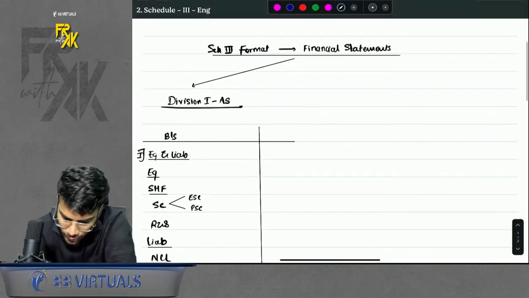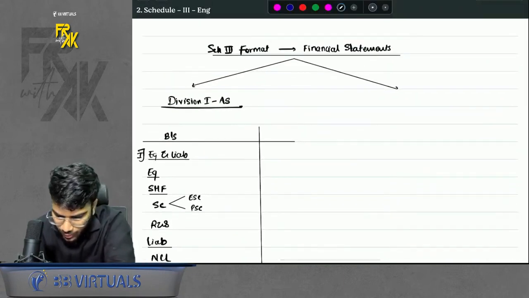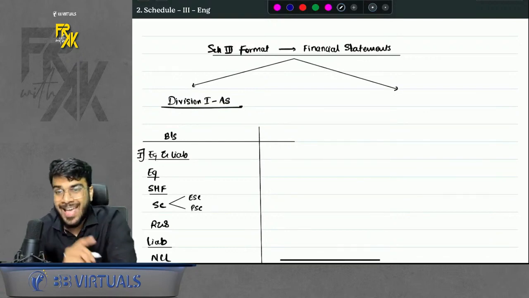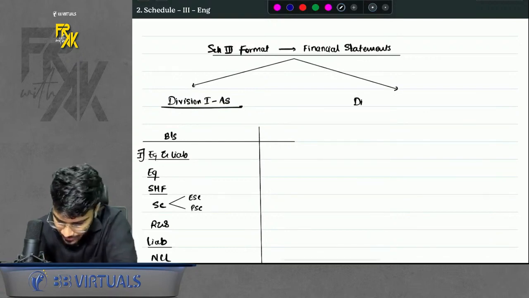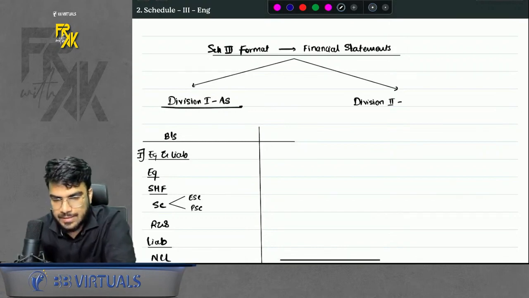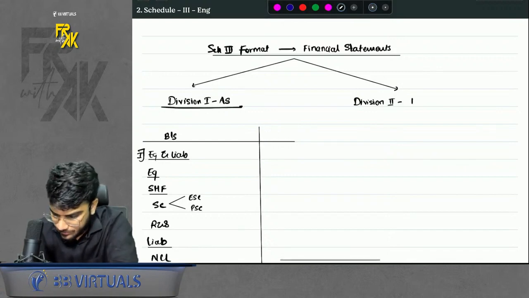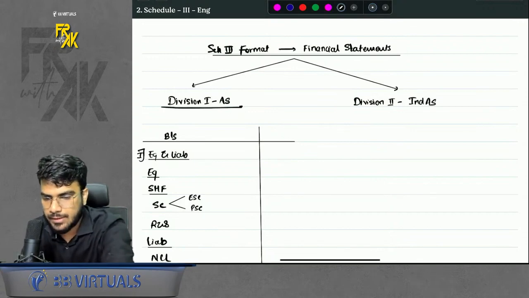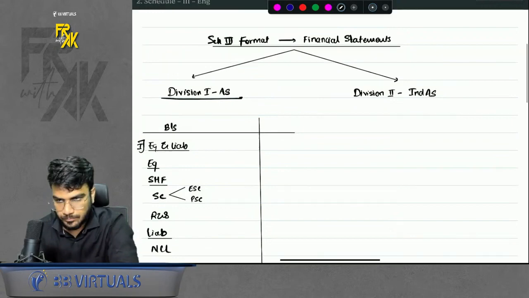Now what are we going to discuss here? We are going to discuss the format of balance sheet as per IND AS, which is given under Division 2. So Division 2 gives the format for IND AS, right? Clear?